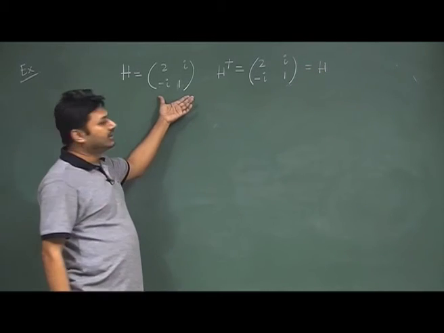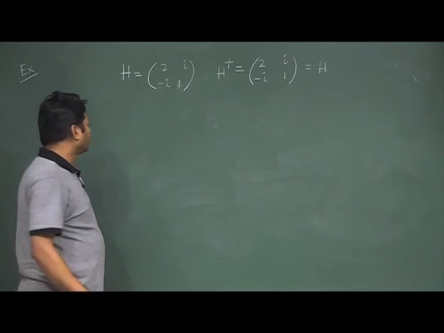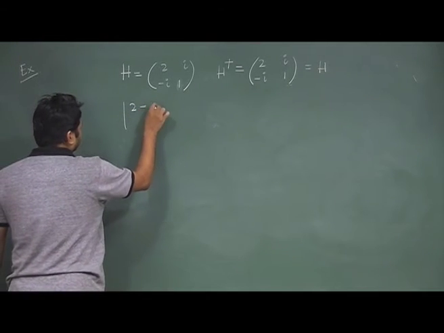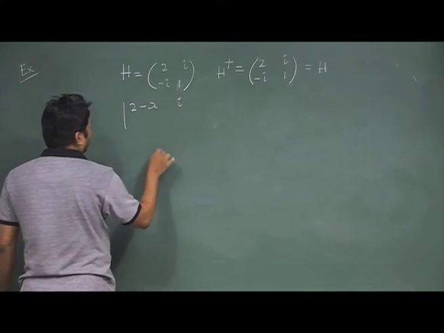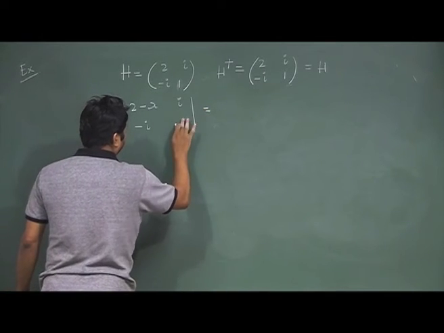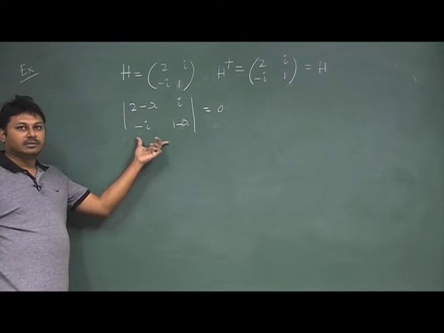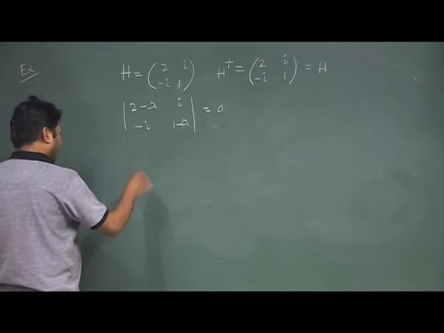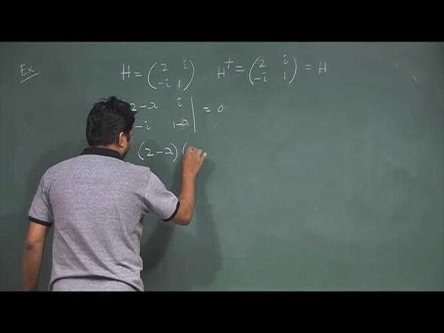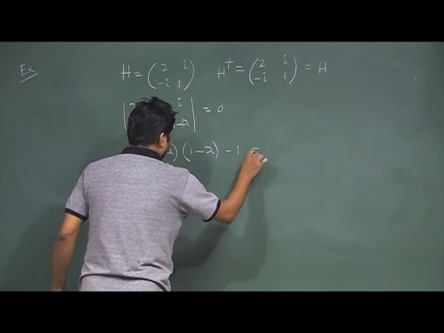Once I have that, then I can find out the eigenvalues of that, whether the eigenvalues are really real or not. So, let us find the eigenvalues. So, the characteristic equation or secular equation is this. Sorry, 1 minus lambda. This is my equation. So, 2 minus lambda, 1 minus lambda, minus 1 is equal to 0.